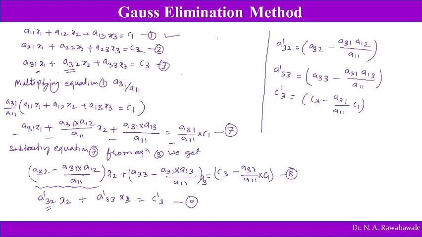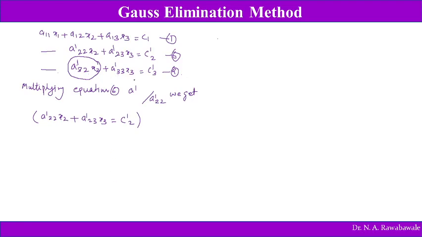If we see equation number 9, it is a'32 x2 plus a'33 x3.